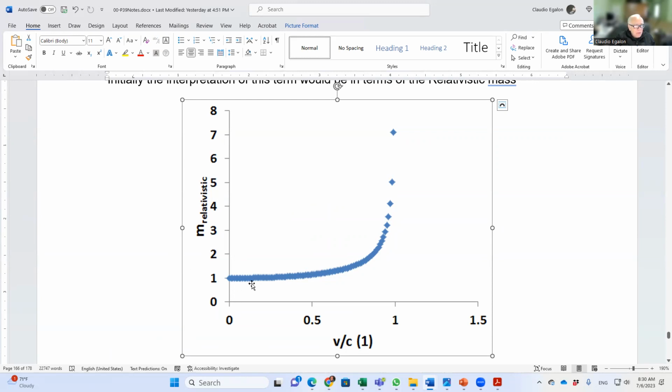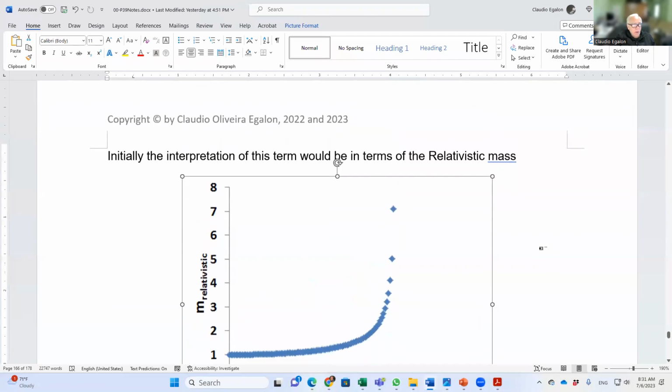As the speed increases, okay, whoever the referential A is should be able to measure a larger mass for the particle. And as it approaches the speed of the light, this mass just goes to infinity. Okay, that was the initial interpretation that we had for this term that you saw.